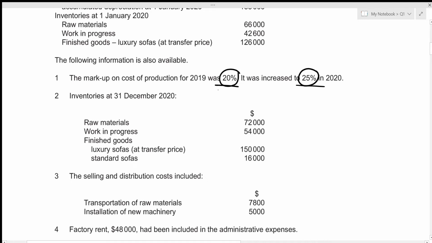So if you're talking about the closing inventory of 2019, that would have the unrealized profit of 20%, right? And the closing inventory of 2019 will act as an opening inventory for 2020, which means that the opening inventory of finished goods will have an unrealized profit of 20%, whereas the closing inventory of finished goods will have an unrealized profit of 25%. Let's figure that out.